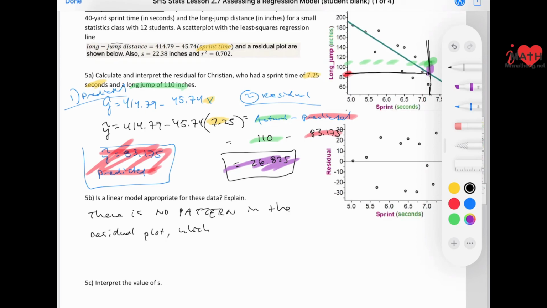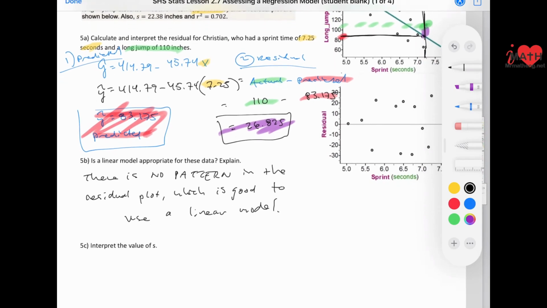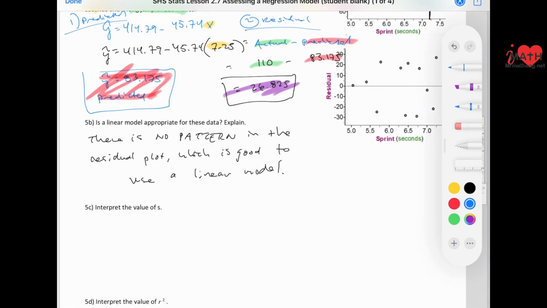Which is good to use a linear model. Or another way of saying it is, because there is no obvious pattern left over in the residual plot, the linear model is appropriate.